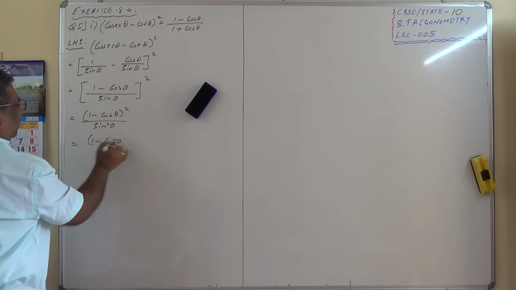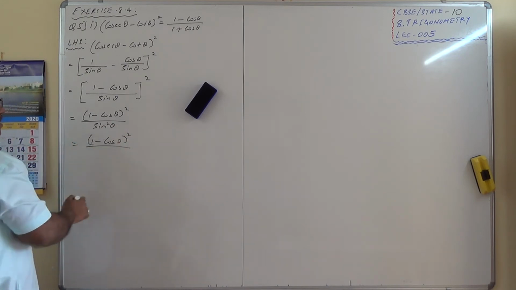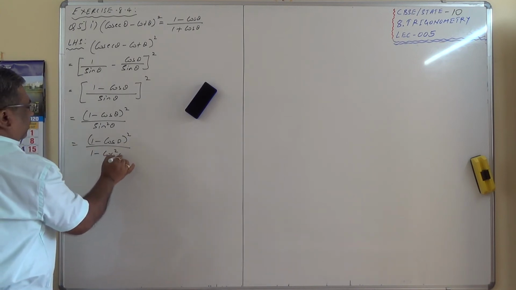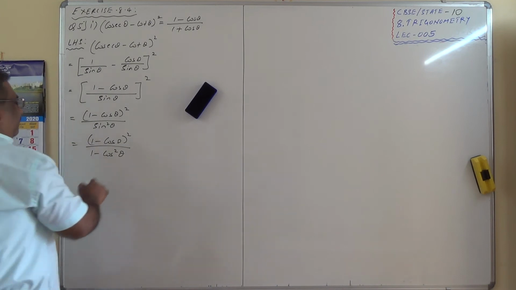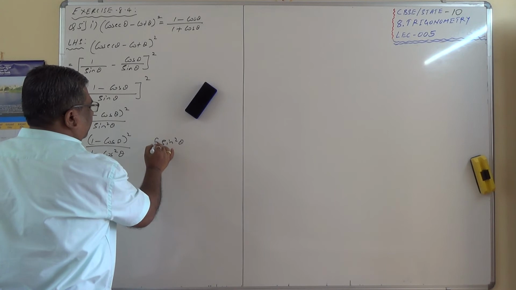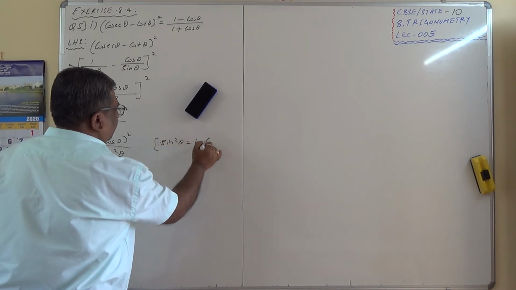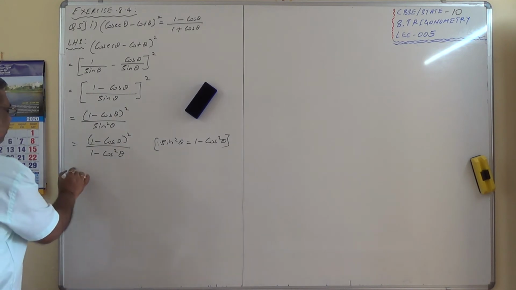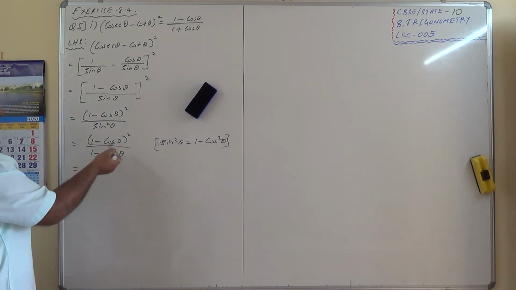1 minus cos theta the whole square divided by sin square theta. Sin square theta can be written as 1 minus cos square theta, which is nothing but 1 square minus cos square theta.